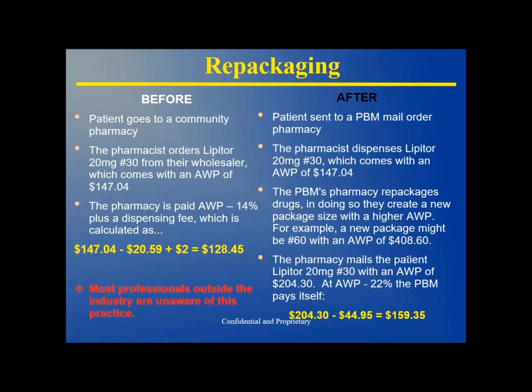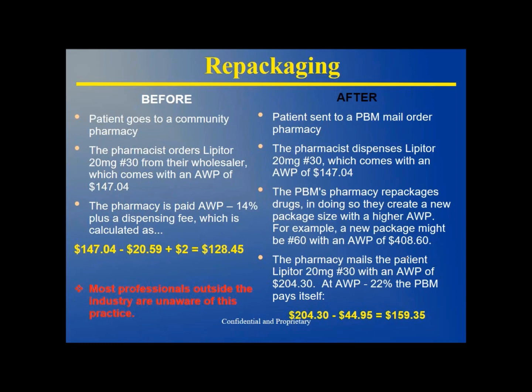One reason that happens, not just in mail order, but in retail as well, is that now humongous quantities of products are being shipped to distribution centers or central fill pharmacies, and then repackaged and shipped out to individual stores. Here's how it works.